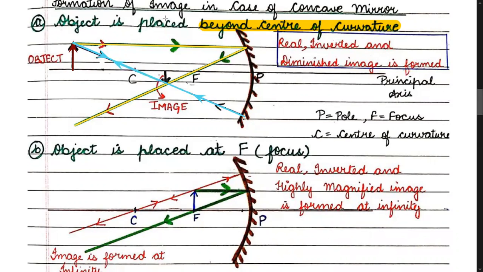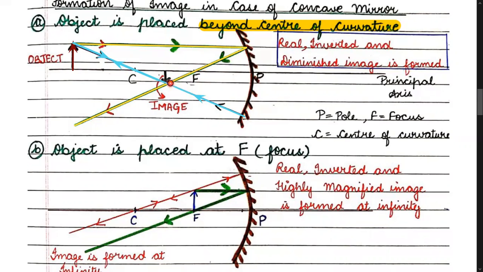Now, students, see a point where the two reflected rays meet: the reflected ray passing through the focus and the reflected ray passing through the center of curvature.